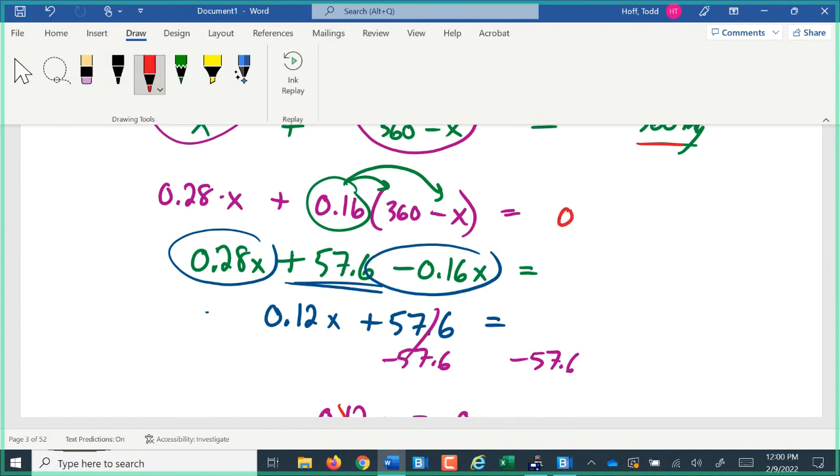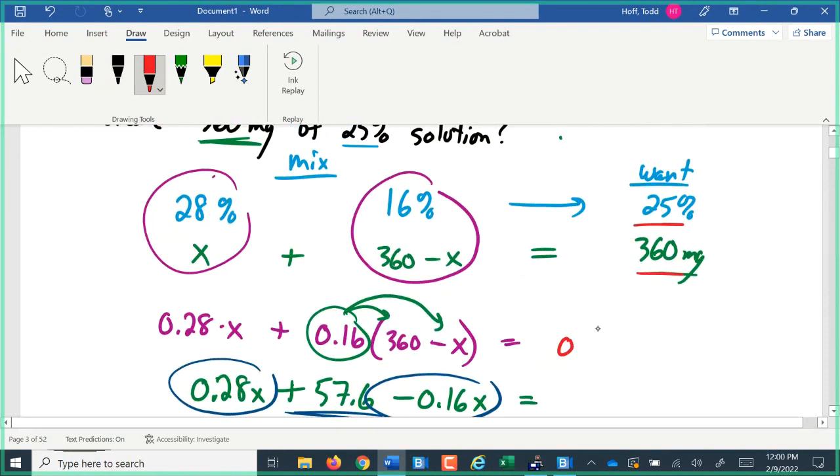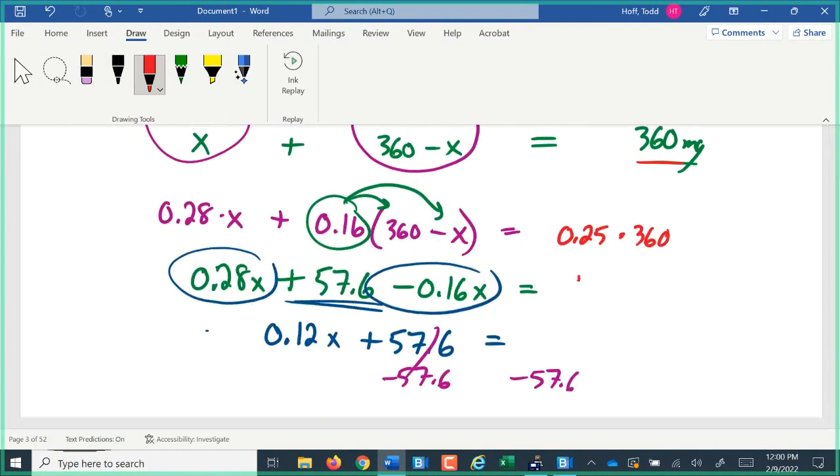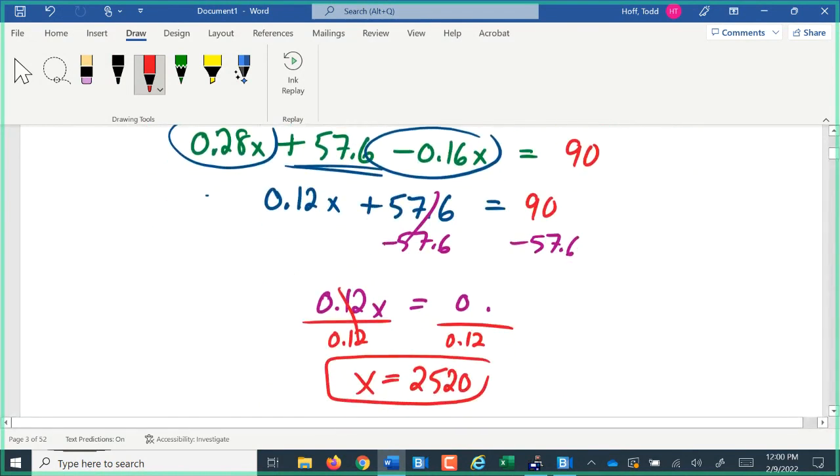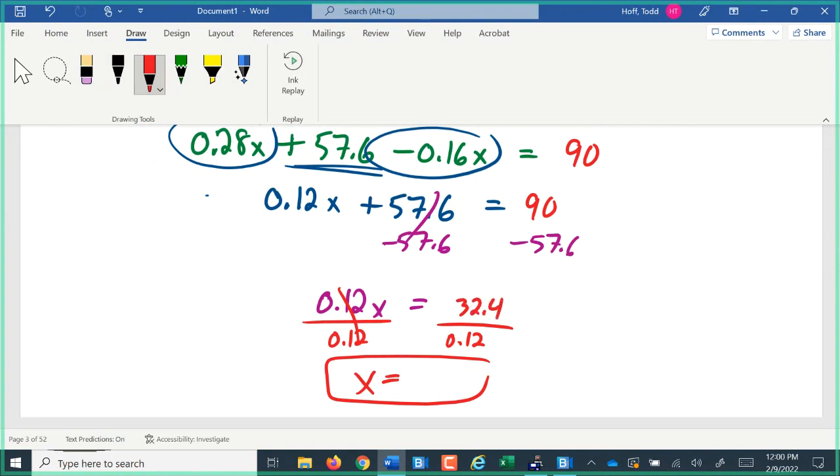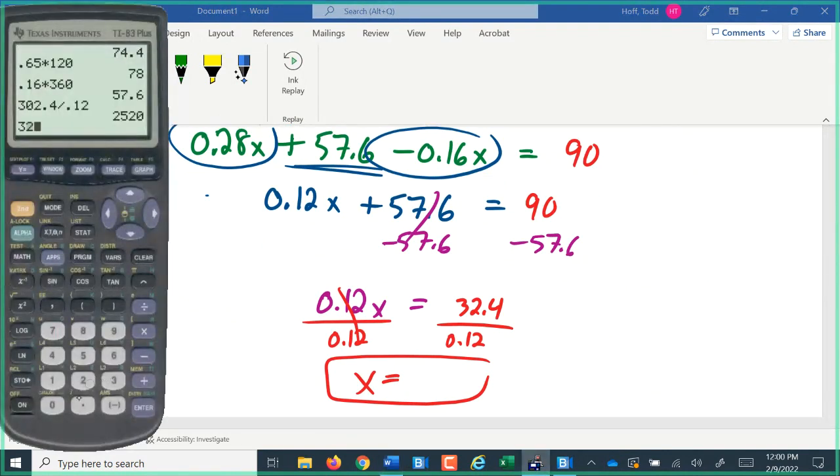This should have been the concentration of 0.25 times the 360, which should have given us only 90 milligrams as we went down through here. So a quick adjustment here, 90 milligrams minus the 57.6 would have been 32.4. And 32.4 divided by the 0.12, 270.